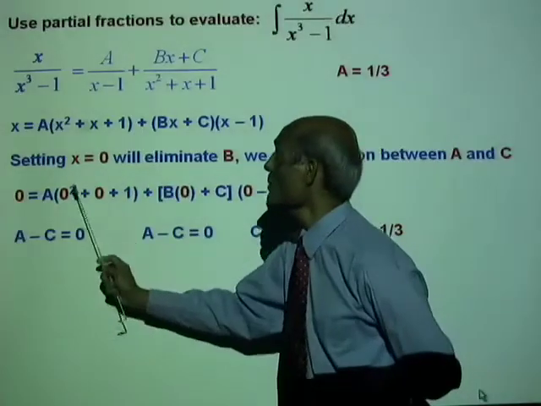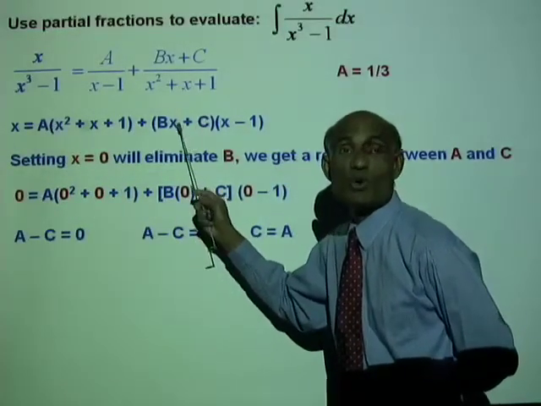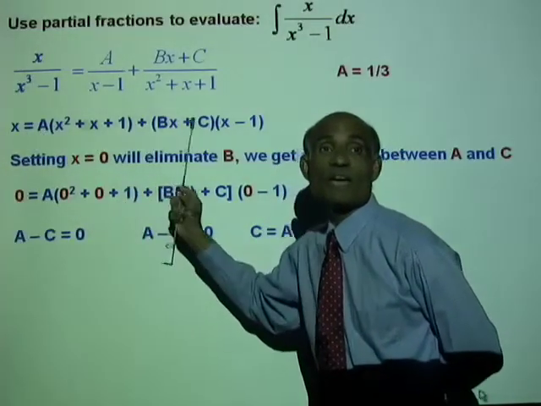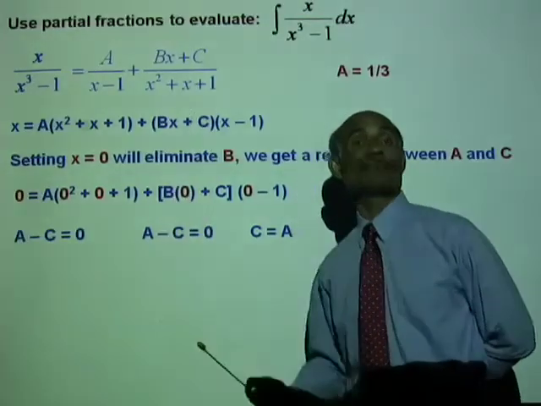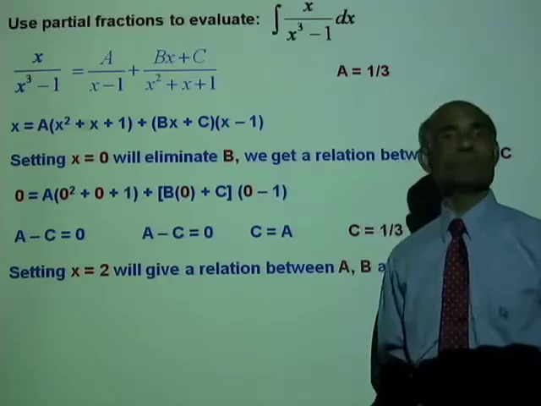Now that you know the values of a and c, you assign any other value to x and replace a and c, and we can find the value of b. So let's set x equal to 2.